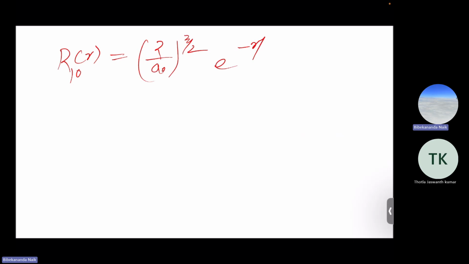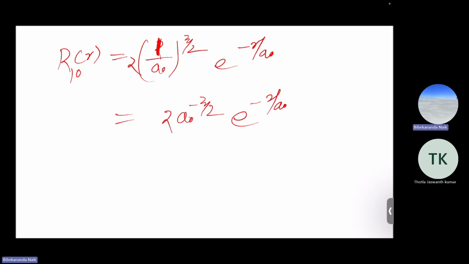If you put all the values, R10 as a function of r will be 2 by a0 to the power 3 by 2 e to the power minus r by a0, or we can write it as 2 a0 to the power minus 3 by 2 e to the power minus r by a0.